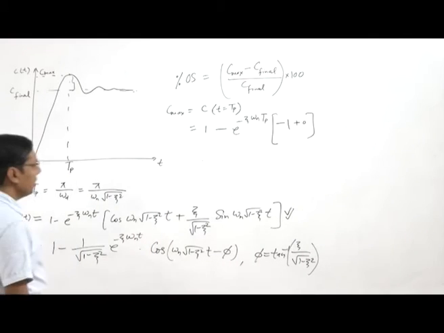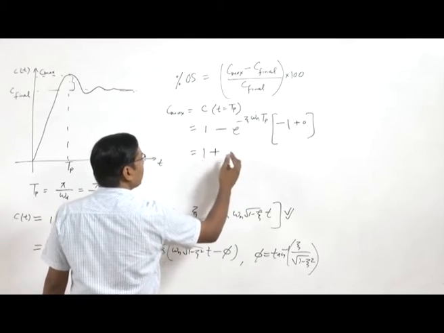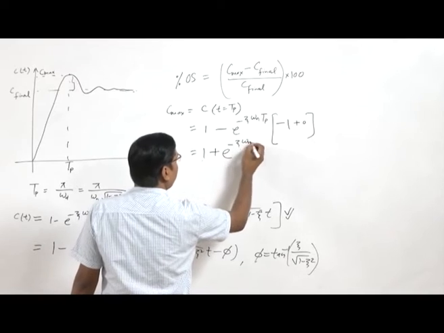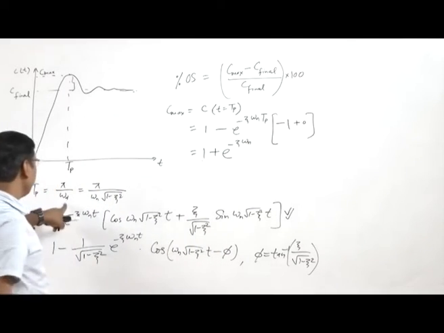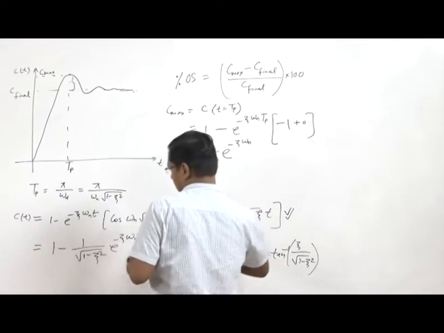So we will get 1 plus, because minus minus is plus, exponential minus zeta omega n into Tp, where Tp is pi upon omega n root 1 minus zeta square.